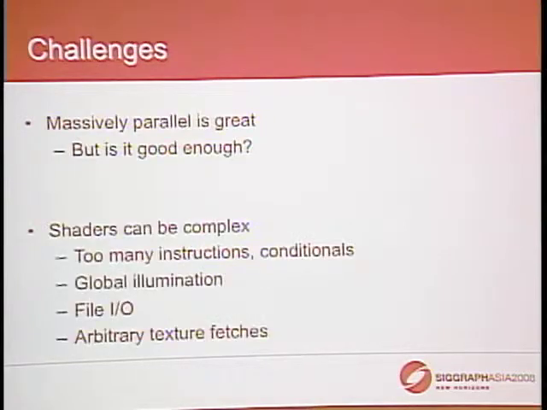The challenges are really complex shaders. If you look at a real Pixar kind of shader, that's something that's tens or hundreds of thousands of lines of code. So it's not something that a GPU could do very well today. It's a ton of code. And then you have things in RenderMan that do global illumination and calculate that. RenderMan shaders can go out to disk, right?